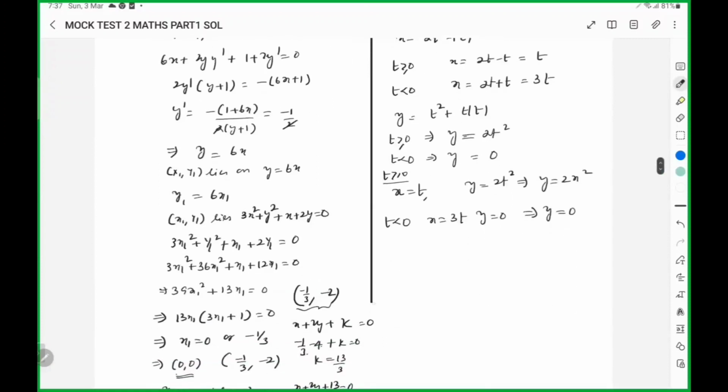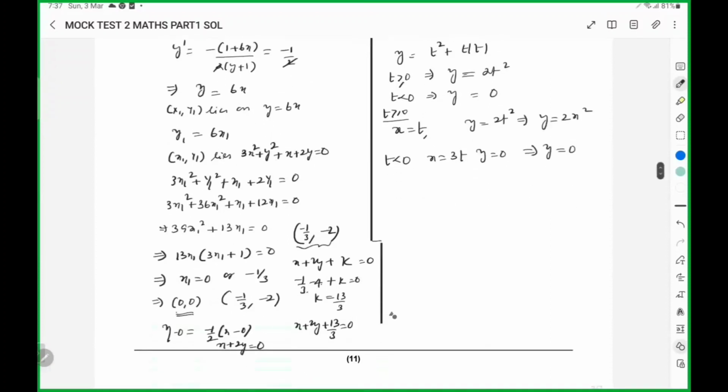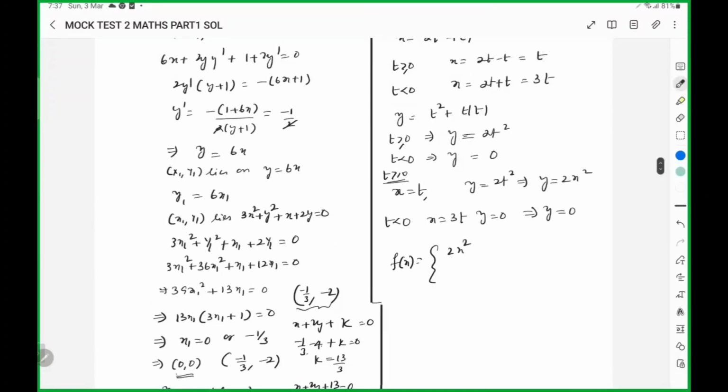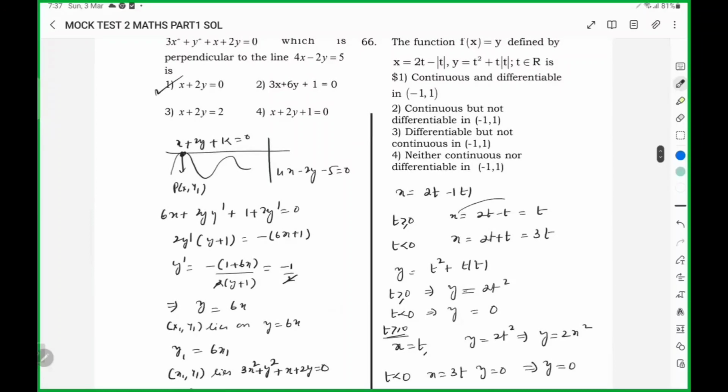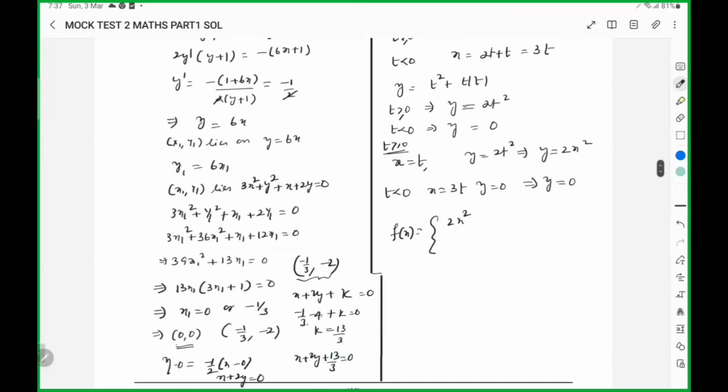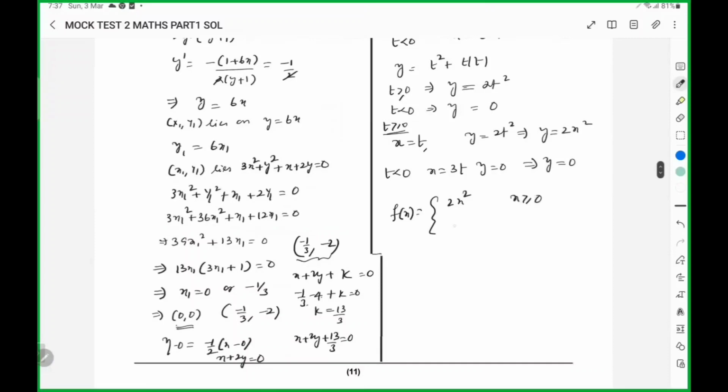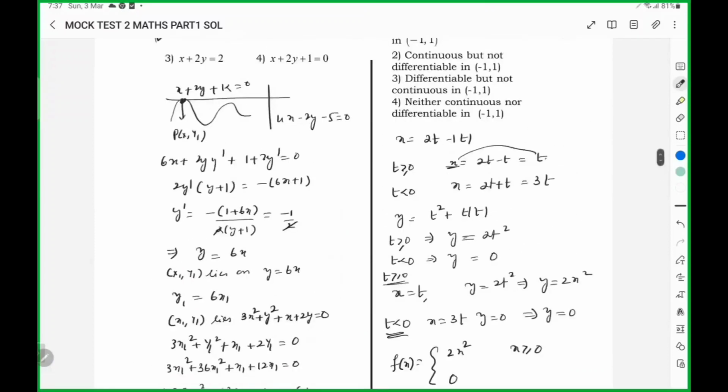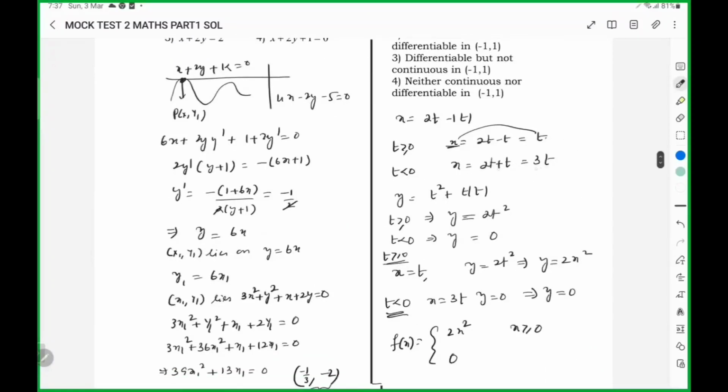Then function we can write as f of x is 2x square for t greater than 0. T, x is t greater, x also greater. It is 0 for t less than 0. So t less than 0 means x also less than 0.